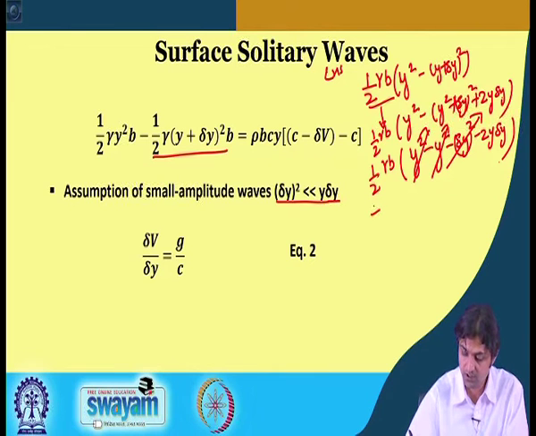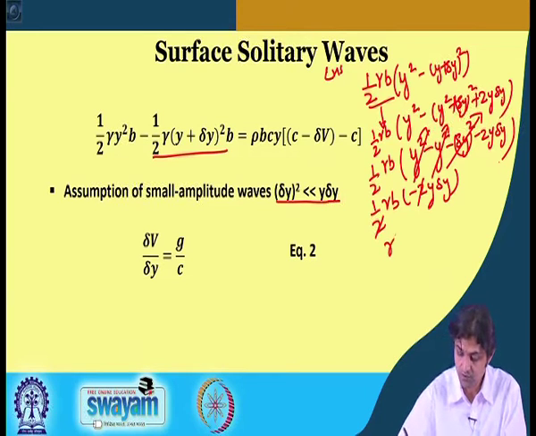So, it will be half gamma b multiplied by minus 2 y delta y, the 2 gets cancelled, so it will be minus gamma b y delta y, which is equal to the right hand side.